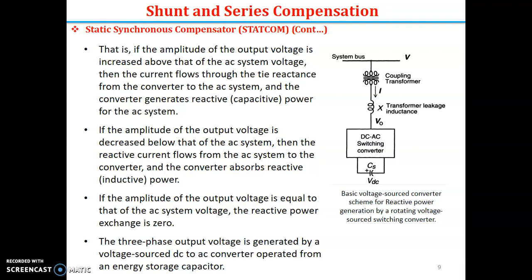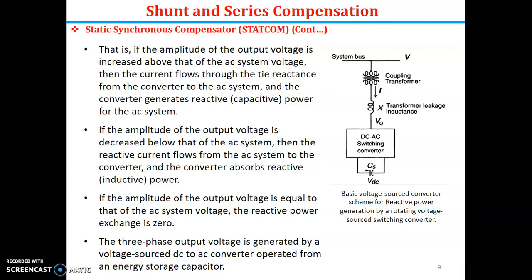And in the third case, if the amplitude of output voltage is equal to the system voltage, then the reactive power exchange will be 0. So there will be no reactive power exchange from the system to the supply, or from supply to the STATCOM. So it is in the floating state.